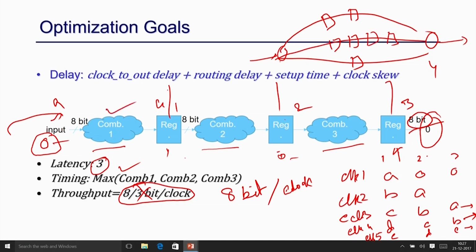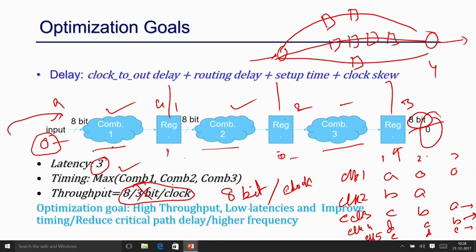Here there are 3 sets of combinational delays, so it will be the maximum delay of these 3 circuits. So, for this circuit the latency is 3, the throughput is 8 bits per clock, because it is a parallel pipelined data path. After every cycle you will get some output, so it will be 8 bits per cycle, and your timing is the maximum of these combinational delays.